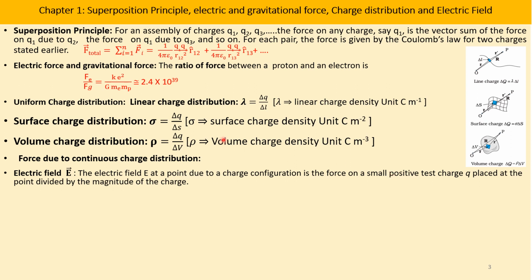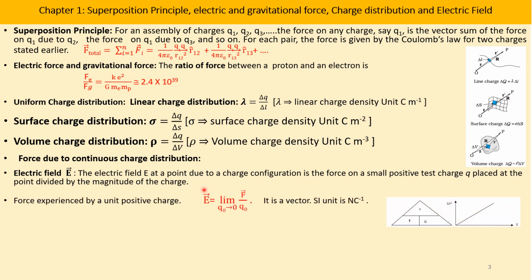Now, having learned about point charge, area charge, linear charge and volume charge, we will define the electric field. The electric field E at a point due to a charge configuration is the force on a small positive test charge Q placed at the point divided by the magnitude of the charge.